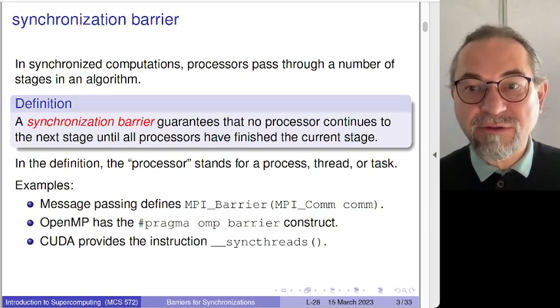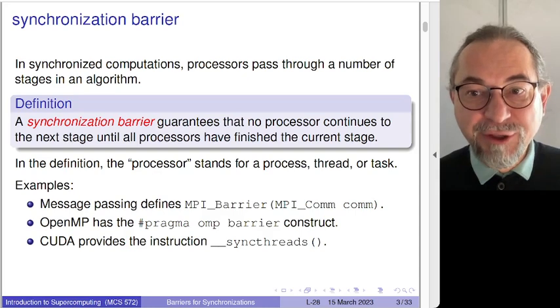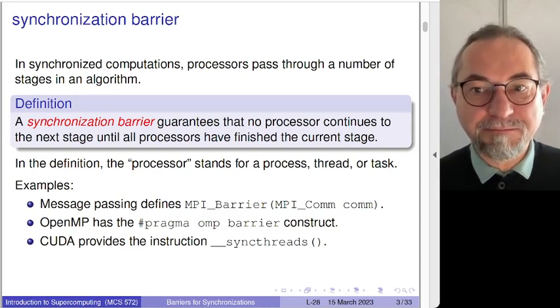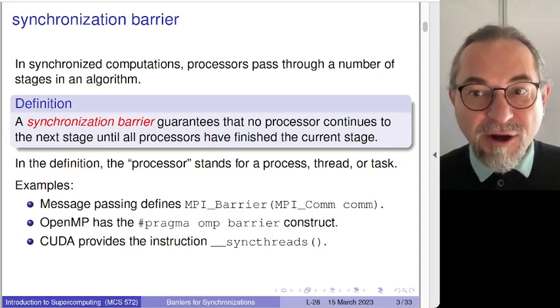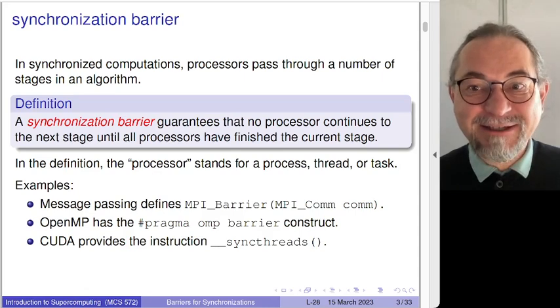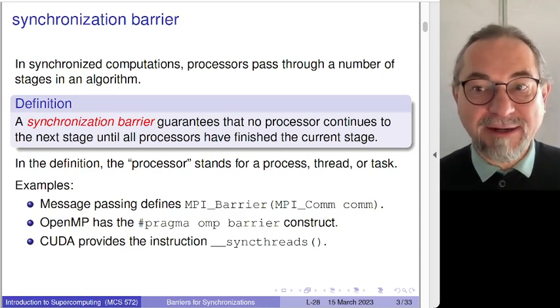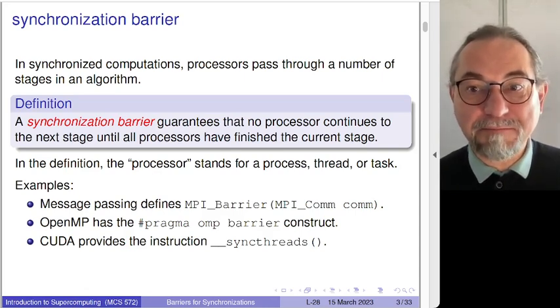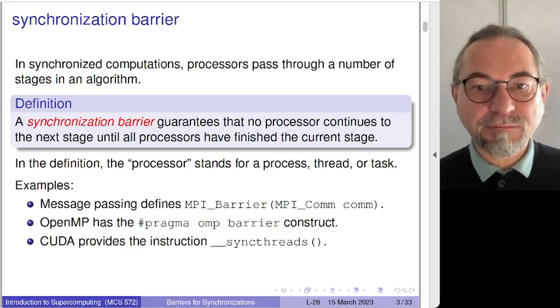It's used in synchronization, sometimes very useful for printing purposes, to check what every processor is doing. Often also really necessary to guarantee the correctness of a parallel algorithm.